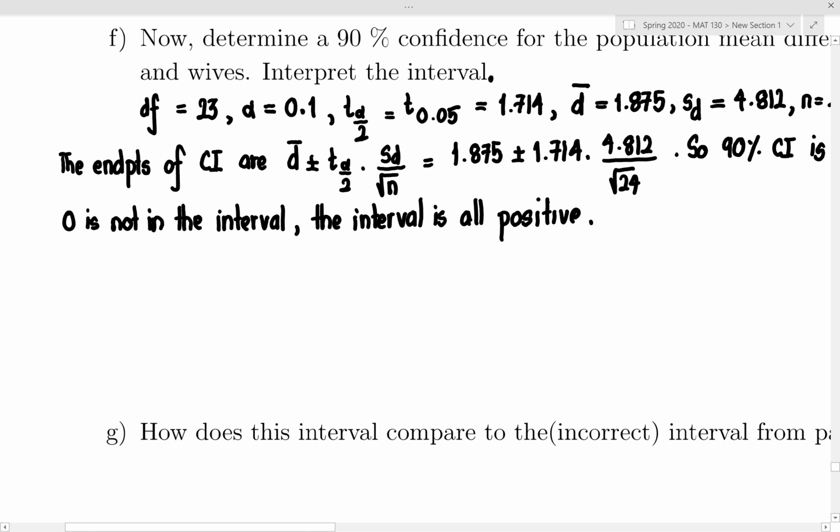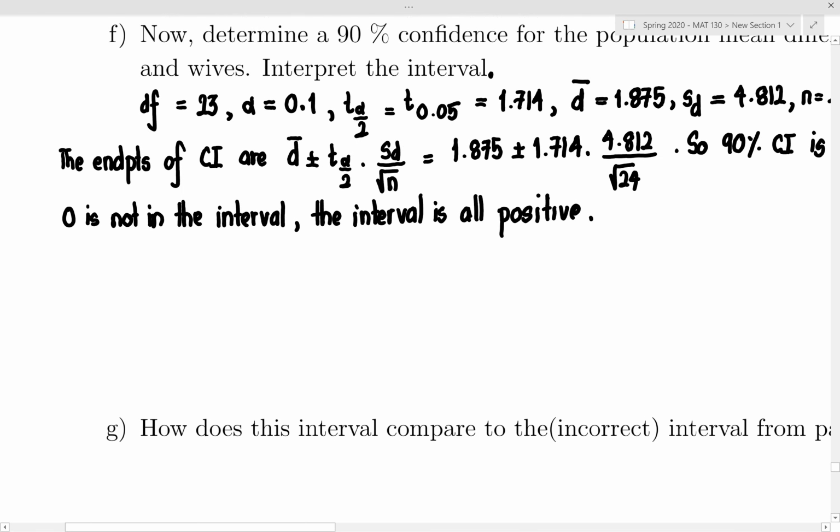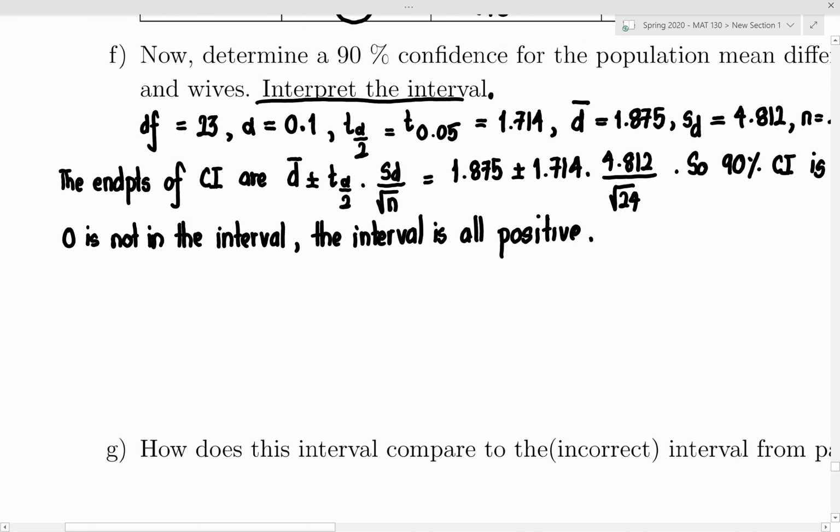All right. So we are going to get to that. But in this case here, what does the interval tell us?